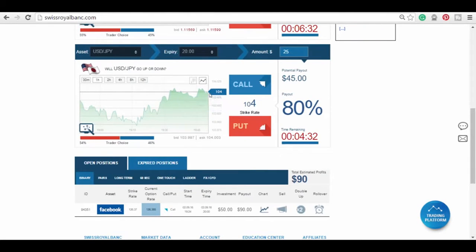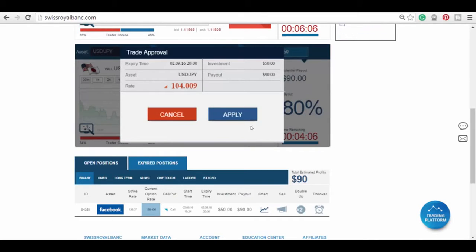Okay, it's trending up high. It will be a good put signal. Look at that. So let's do a put. 20 GMT and 50.